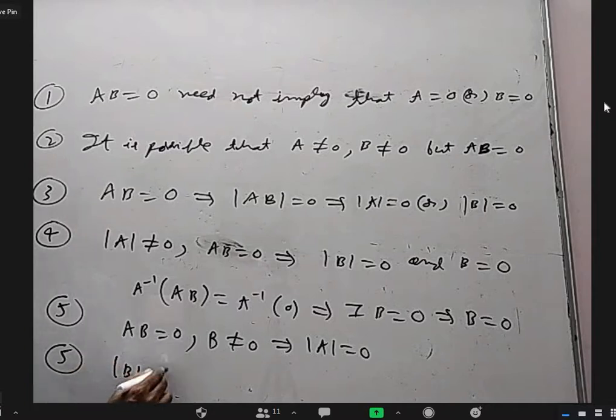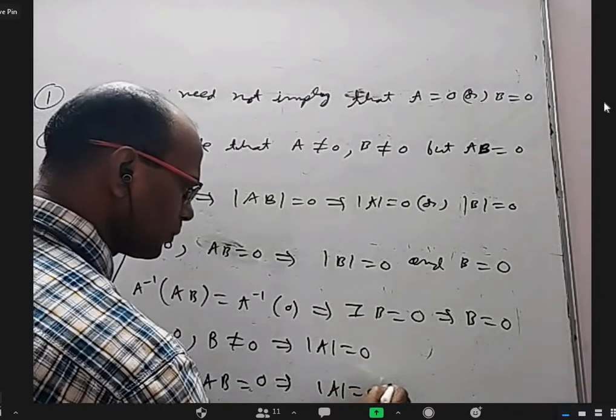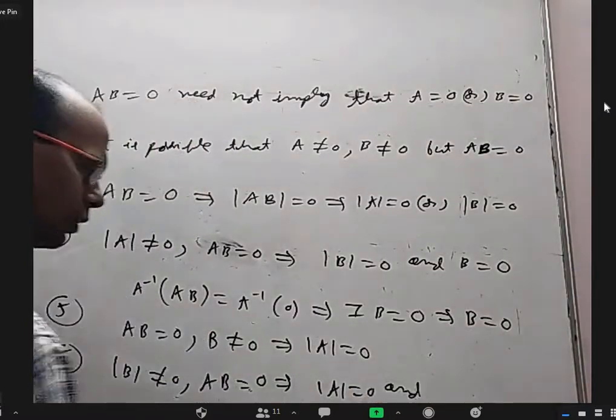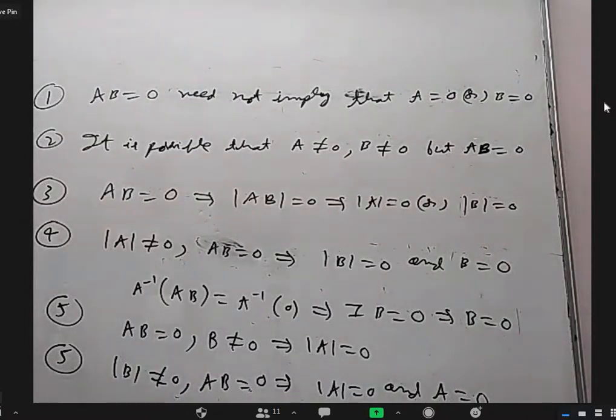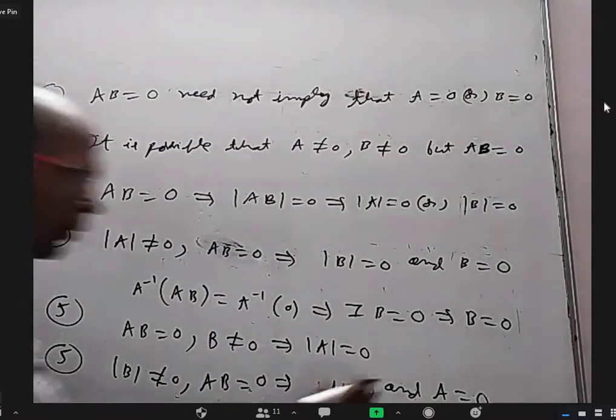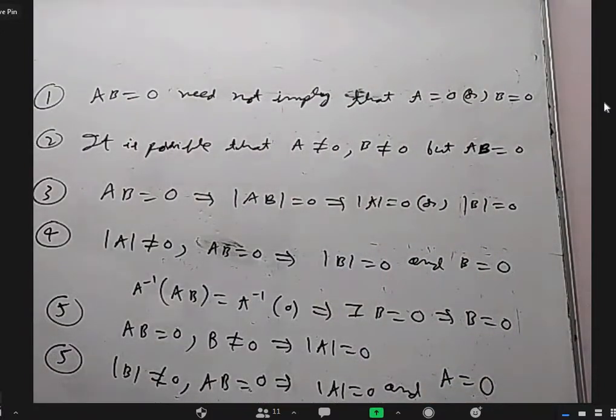If B is not 0 but AB is a null matrix, then definitely det A should be 0, and not only that, A will be a null matrix. Maybe I can write this as the 6th point on the top. I should have written the 7th point here.